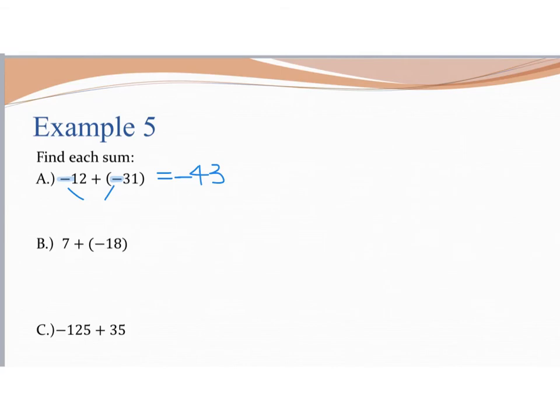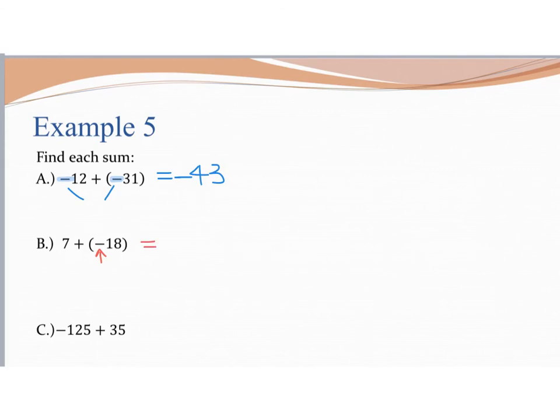Likewise, with part B, I have 7 plus a negative 18. So here I have two different signs. In my head, because 18 has the bigger absolute value, I know that my overall sign is going to be negative. And the more you do of these, the easier this will become.